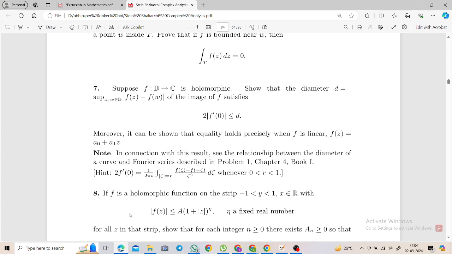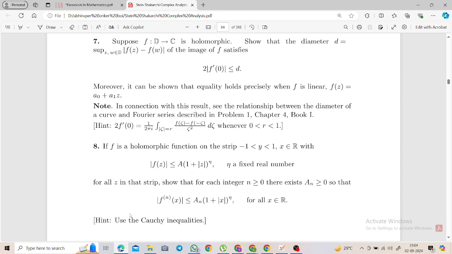Then see what was 8. Like this part, I'm still trying this part. I'm still trying this, like how to show f is linear. Like the equality holds when f is linear.